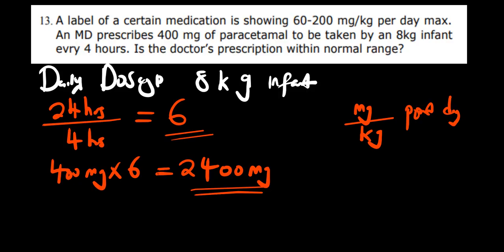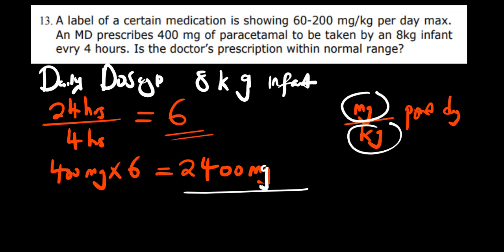We're going to get our 2400, and we want to convert to per kg per day. We already have our answer in milligrams, which is 2400 milligrams. To convert to per kg, we're told this infant is 8 kg. So we're going to write our 8 kg here.